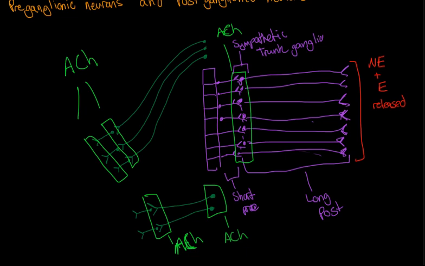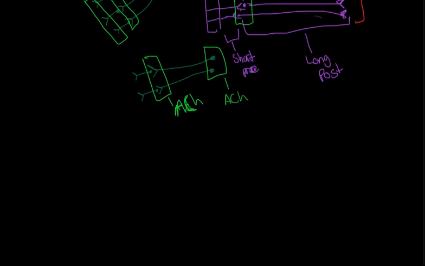So I've covered most of what we need to cover here on this webcast. The last major thing that we're going to talk about here is going to be the adrenal medulla specifically, which is one of the effector organs in the sympathetic nervous system. So the adrenal medulla.